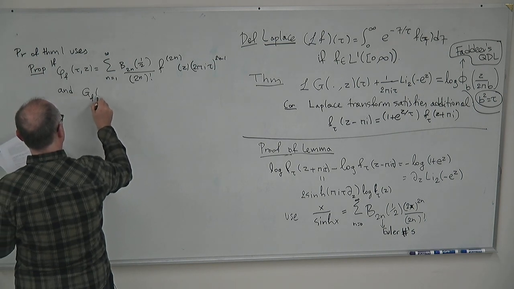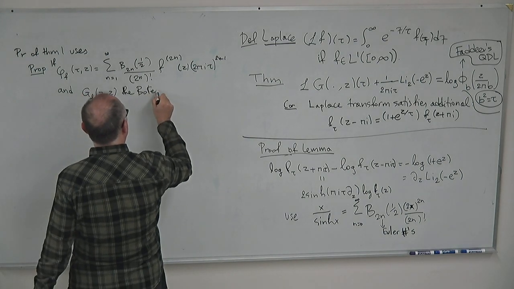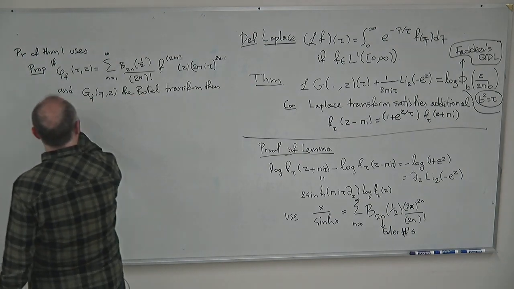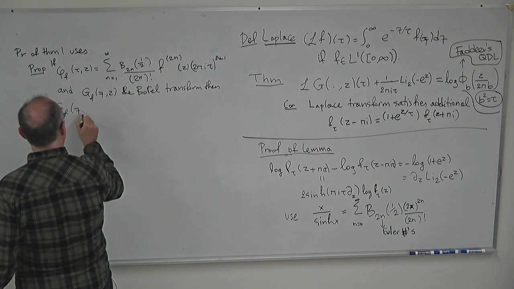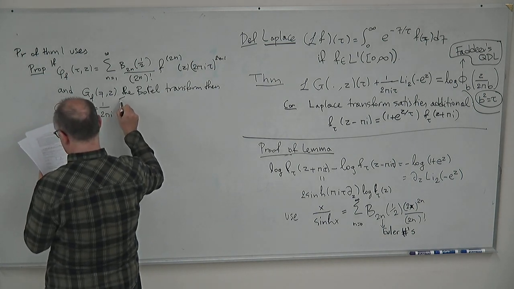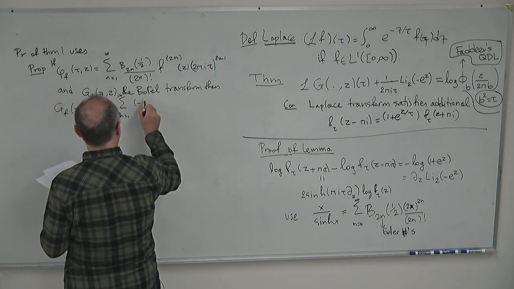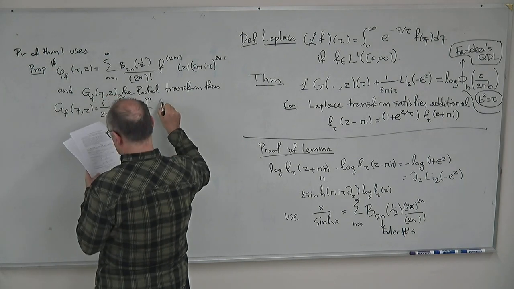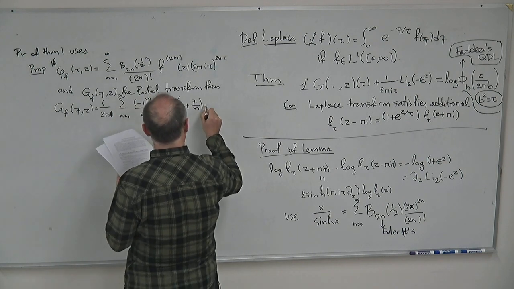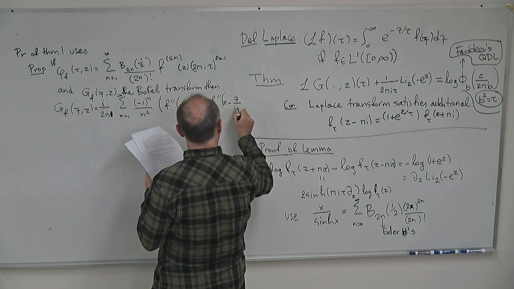and gf of xi the Borel transform, then the formula for the Borel transform is the same up to the sign here, actually I over 2 pi, sum from 1 to infinity of minus 1 to the n over n squared, and here the second partial of z plus xi over n plus the second partial of z minus xi over n.